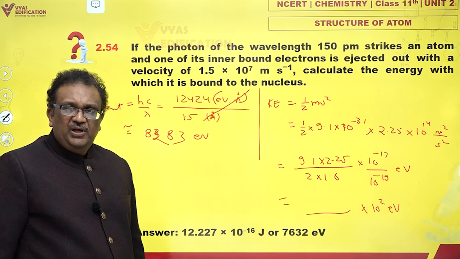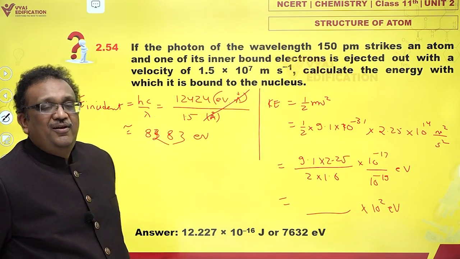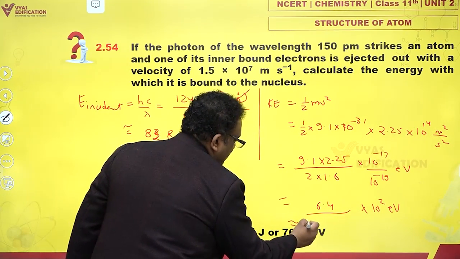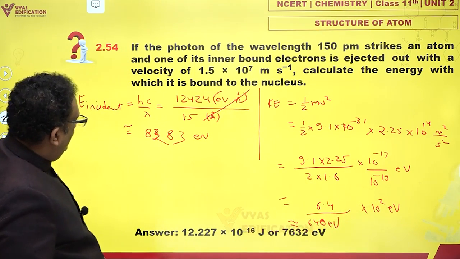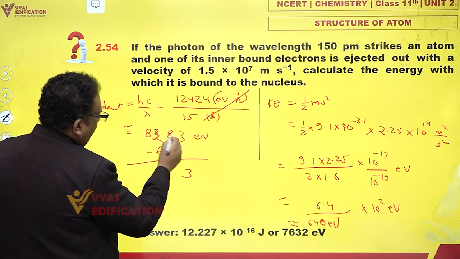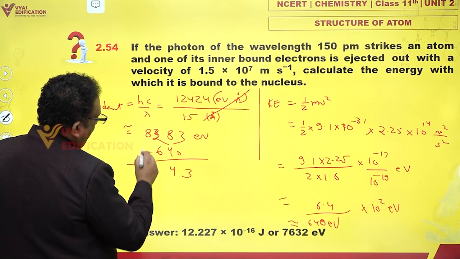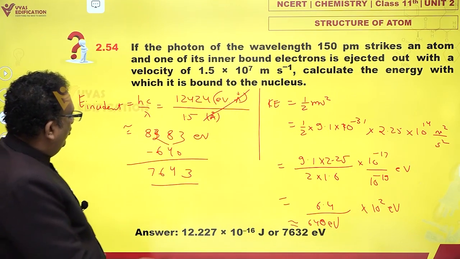Can we have an approximate number? We can. But why go for approximation when it can be more accurate? We'll do that. 6.4, this would give you, or this is around 640 electron volt. Well, 640 is what you have to subtract from this, which gives 6, 76, 43 electron volts.